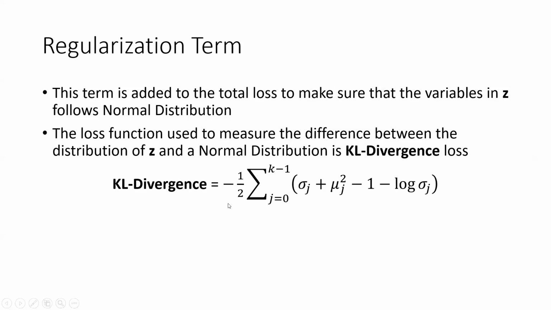So here we are using the KL divergence term to find the value that is relevant to the regularization, which is how much the z vector is diverging from the normal distribution, which can be specified by this regularization term, right?